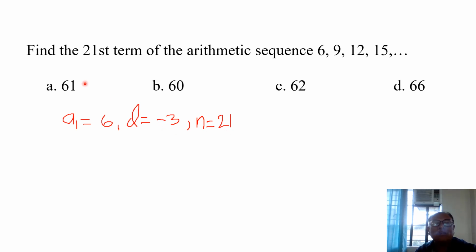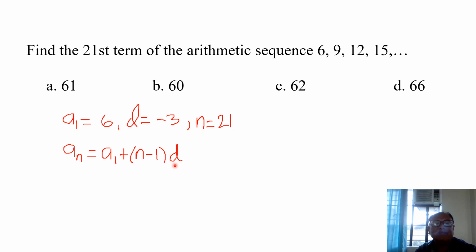And we are looking for the 21st term, so n is equivalent to 21, and we're going to solve for a sub 21. Using the formula for the nth term of an arithmetic sequence, a sub n is equal to the first term plus the quantity n minus 1 multiplied by the common difference.